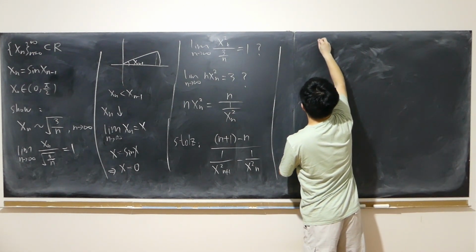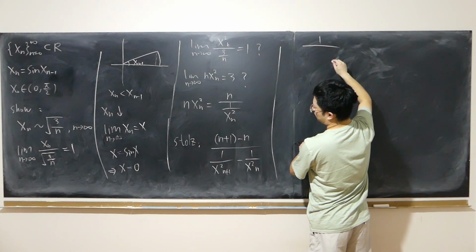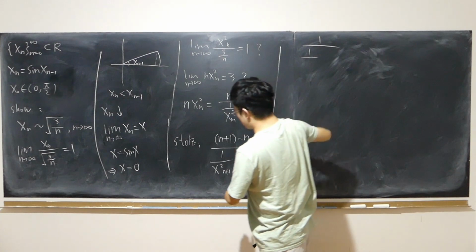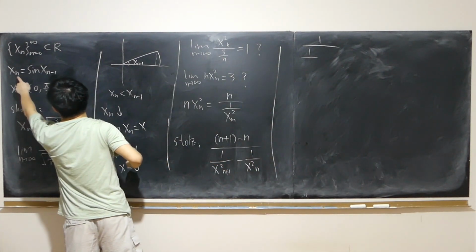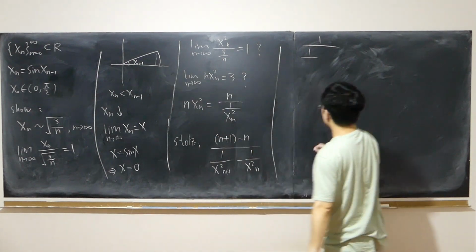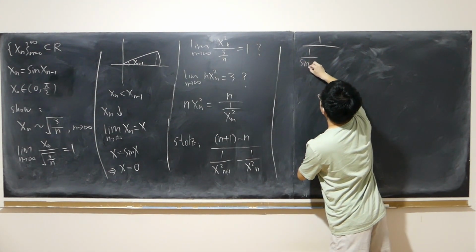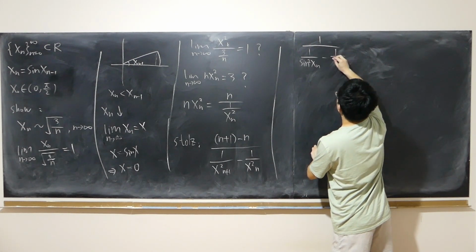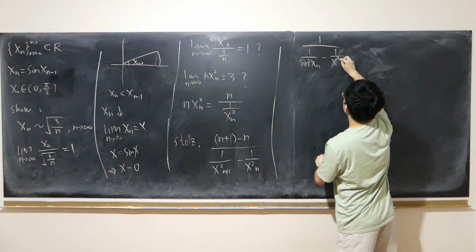So that is equal to 1 over x n plus 1 squared, which is sine square xn, minus 1 over x squared n.